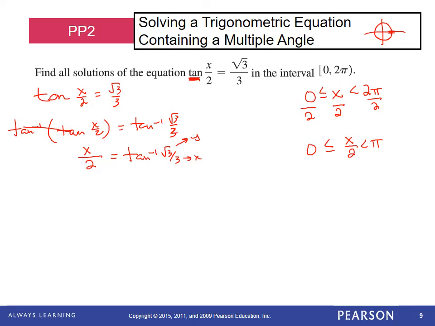Okay, but first of all, we've got to think about here. If we're going from 0 to pi, how many answers am I going to have for tangent? 1, 2, 3, 4. What do you guys say? Since we're only going from 0 to pi.